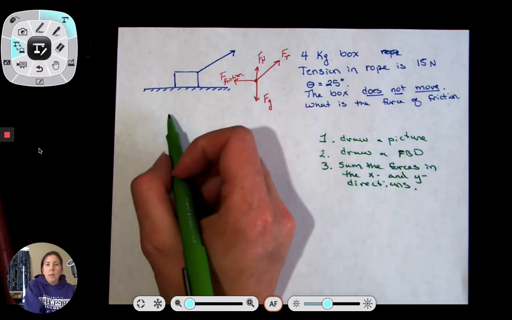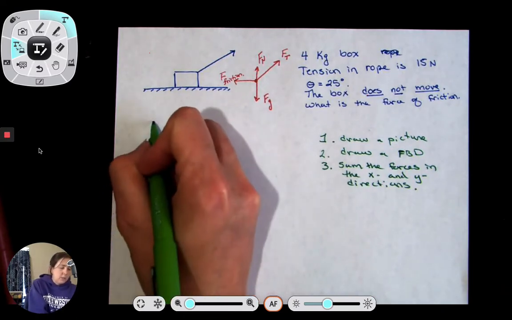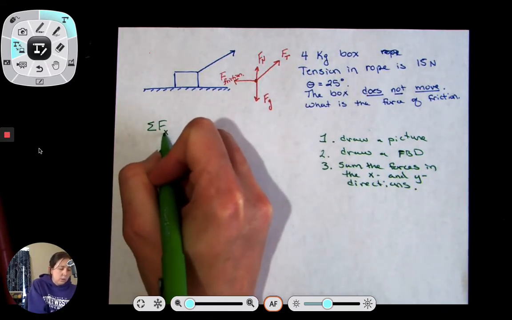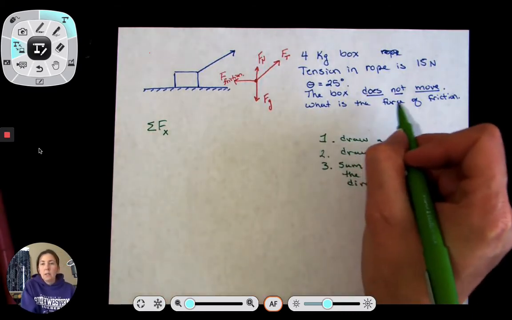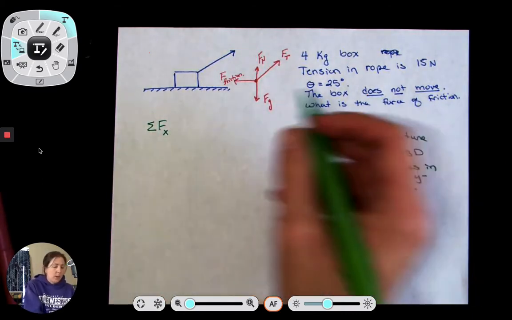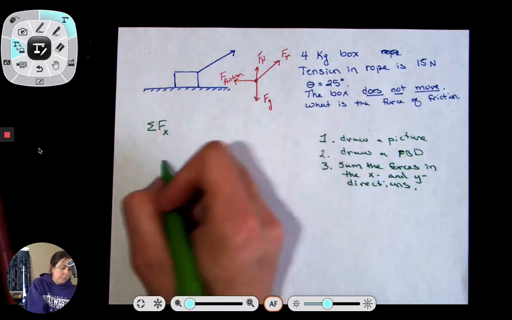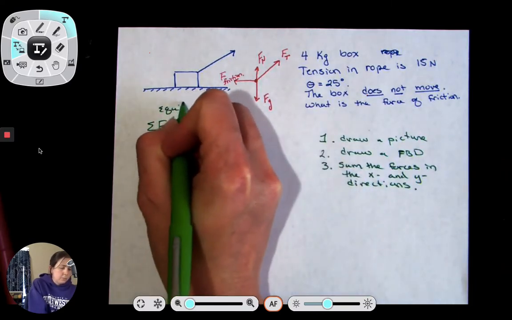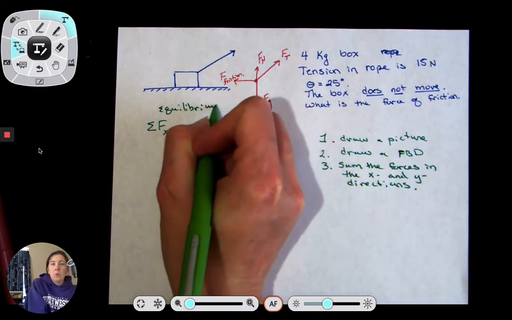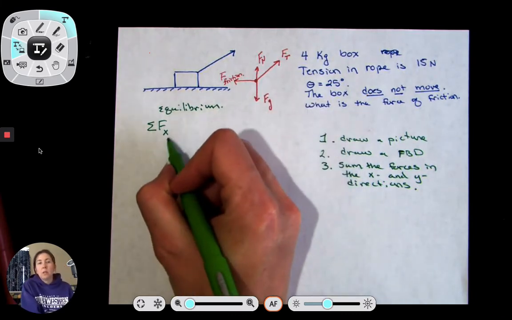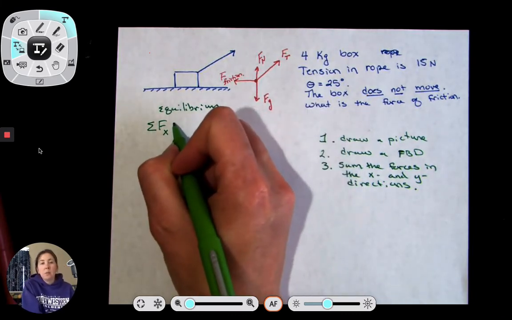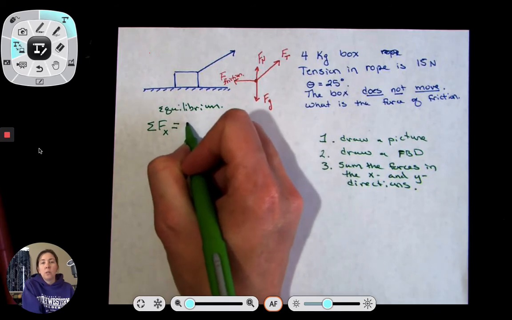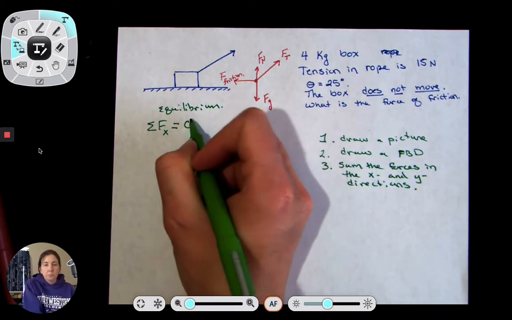So I'm going to look at the sum of the forces in the X direction first. Because the box does not move, I know that I am in equilibrium. And what does that mean about the sum of the forces in the X direction? Well, that means the sum of the forces in the X direction is going to be equal to 0.